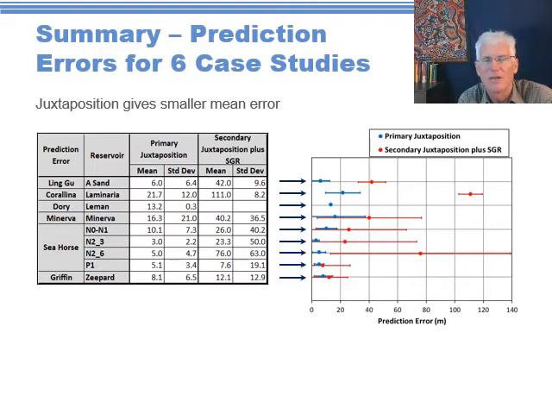In the table you also have the secondary juxtaposition plus a membrane seal or fault core seal contribution. And then on the right, we've got the primary juxtaposition error plotted in blue and the secondary juxtaposition plotted in red. As you can see, we get a much better prediction from just using juxtaposition rather than using a combination of juxtaposition and a shale gouge ratio or membrane seal contribution.